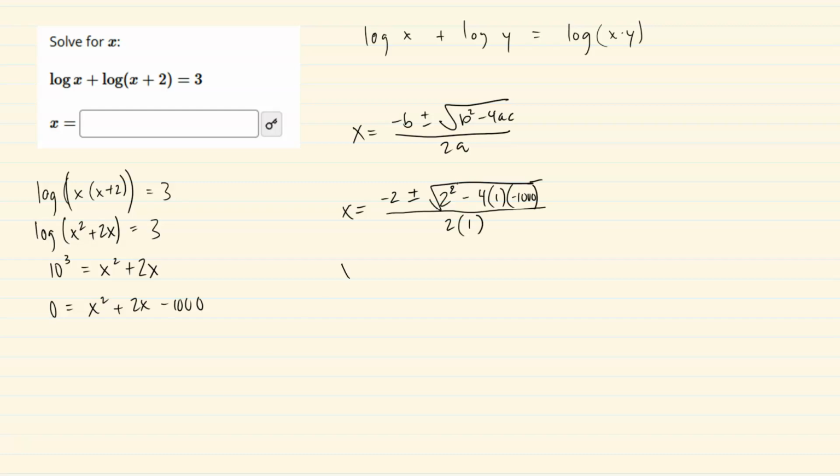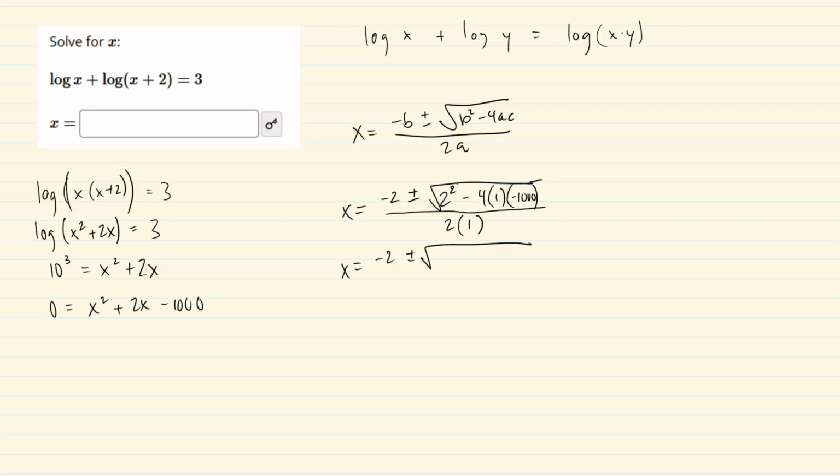Let's simplify this. x equals negative 2 plus or minus the square root of 2 squared minus 4 times 1 times negative 1,000. 4 times 1 times negative 1,000 is negative 4,000, but we're subtracting that, so that's plus 4,000.